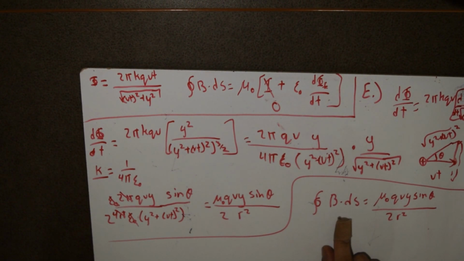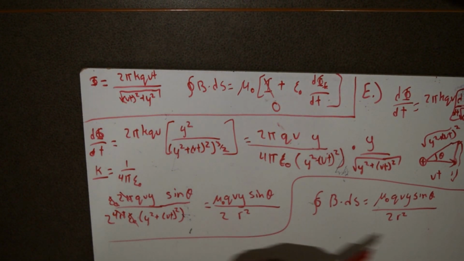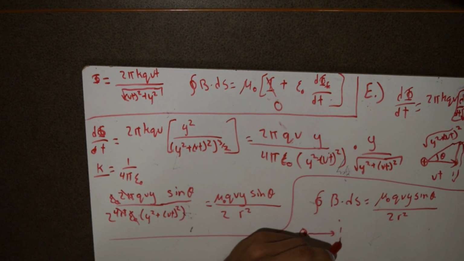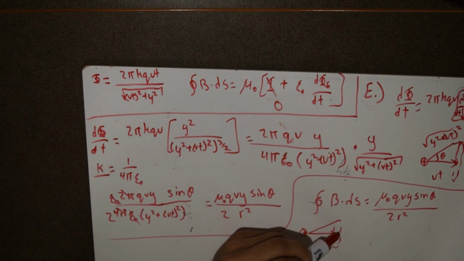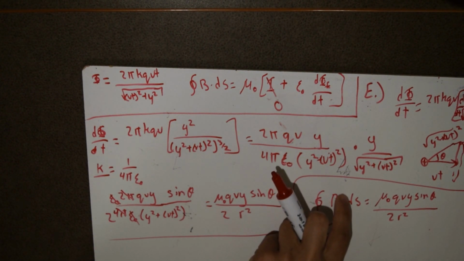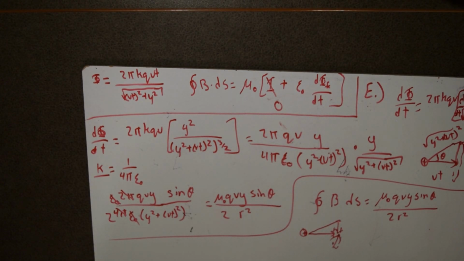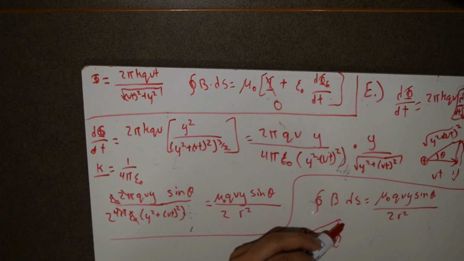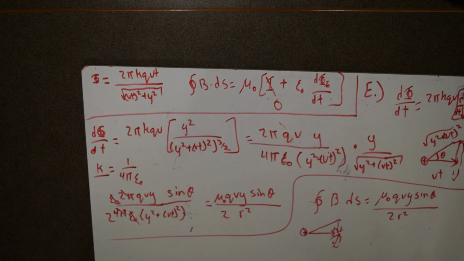Well, our ds is, if we remember, I'll draw it again, the Amperian loop here. If the field is perpendicular at every point along that Amperian loop, then it's just going to be the magnitude of B times the magnitude of ds. And the magnetic field B is constant at a constant distance around the proton.